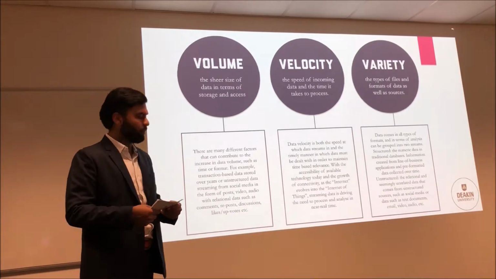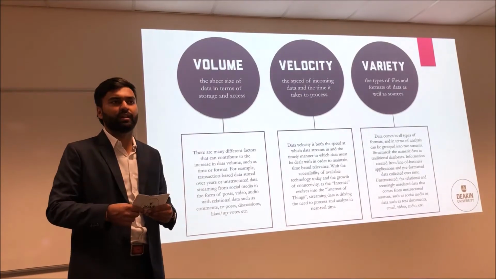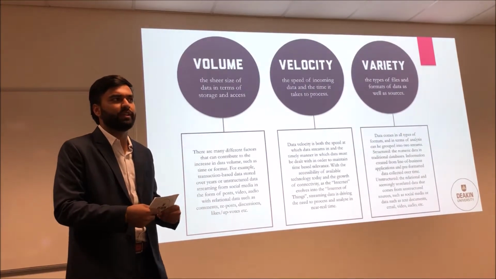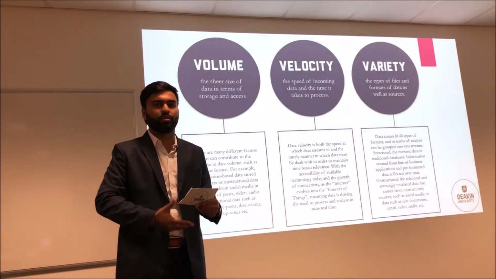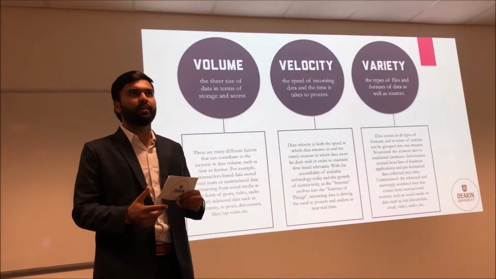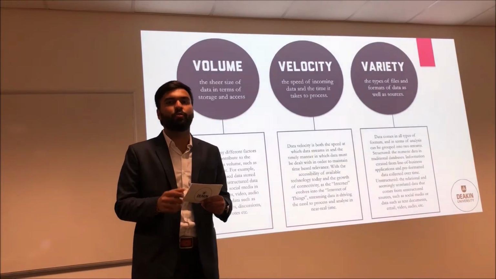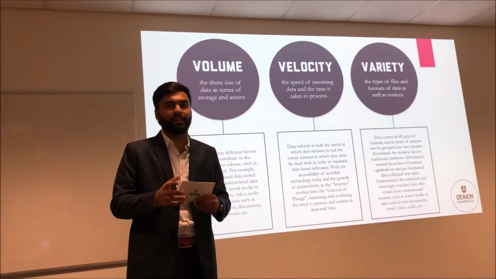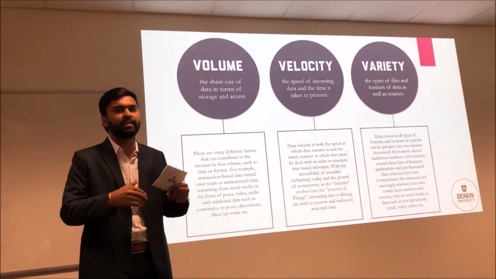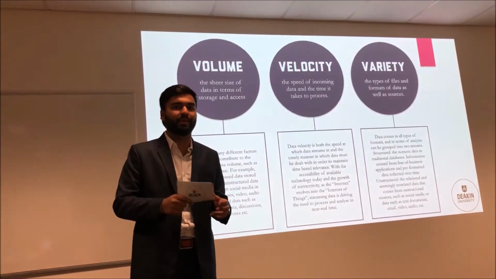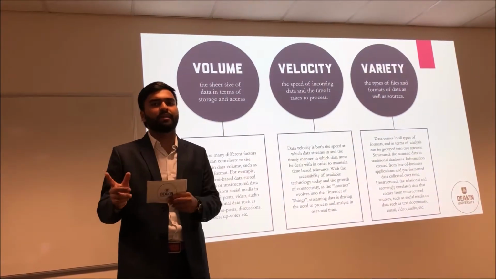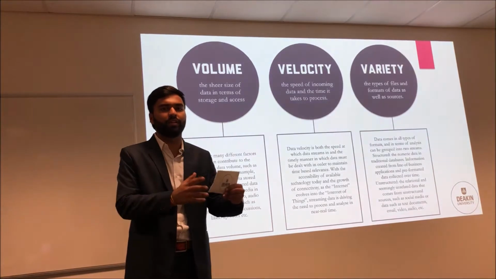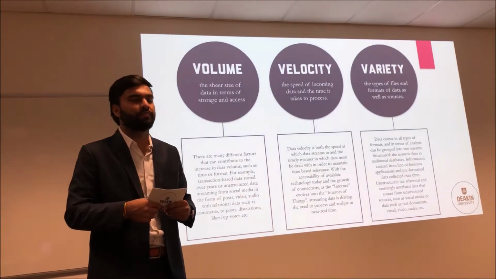Volume is the size of the data, in terms of the capacity of data, like how much data is being stored. For example, Walmart records 2.5 petabytes of customer data daily. It's very huge, but it was difficult in the past because we cannot do manual recording, we cannot record so much data.